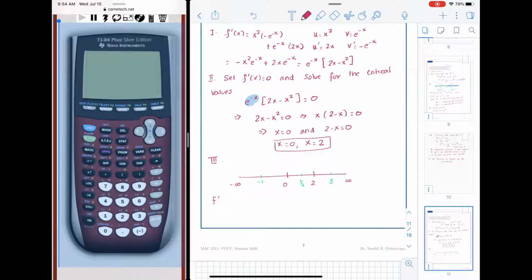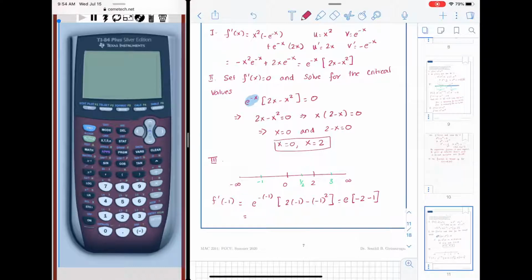So f prime of negative 1 is e raised negative of negative 1 multiplied by 2 times negative 1 minus negative 1 squared, which is e raised 1 times negative 2, negative 1. We know an exponential is always positive.